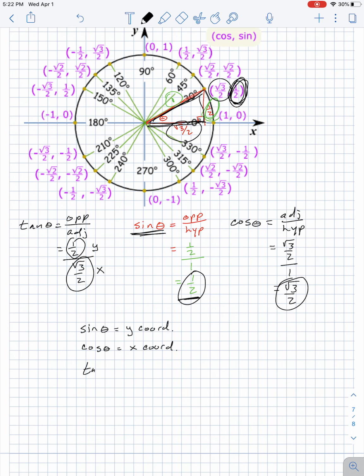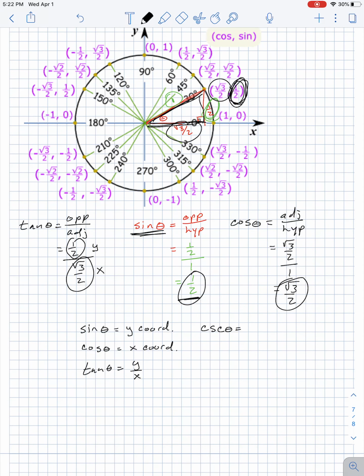So we redefine tangent theta as y over x. Okay, similarly, cosecant is just the sine flipped over, so it's 1 over y, or flip the y-coordinate.